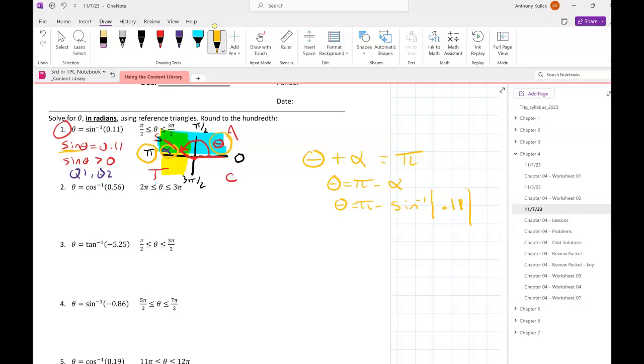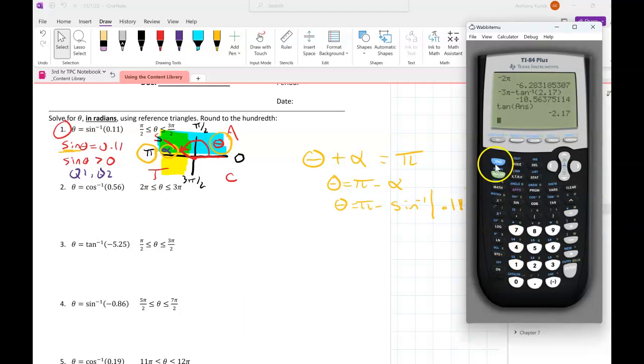Now, when I type this into my calculator, I am never going to type in the absolute value because, shoot, Mr. Kulik, I'm pretty confident I can do the absolute value of a number in my head. I don't need my calculator to do that for me. Right? What's the absolute value of 0.11? 0.11. So I'm just going to do pi minus sine inverse 0.11, and then press enter.